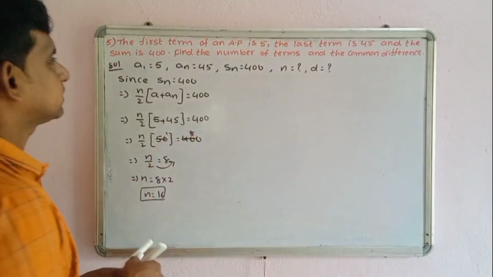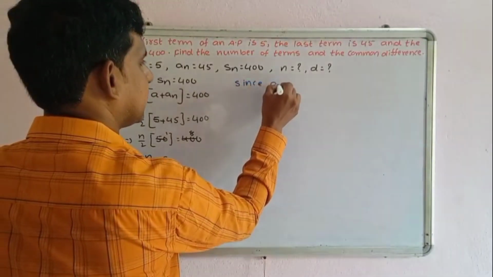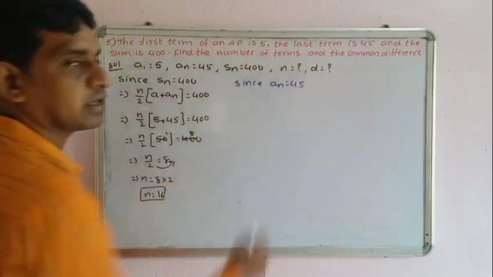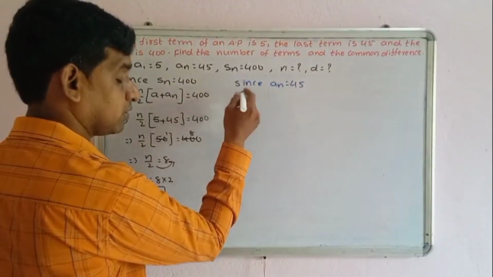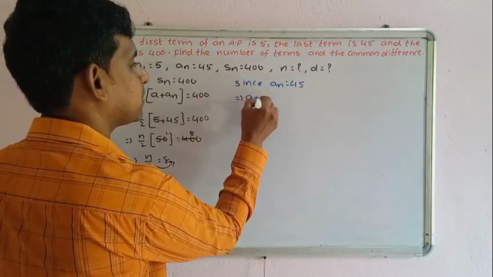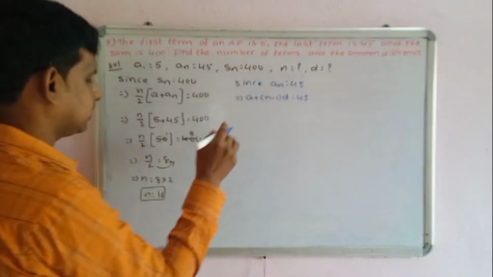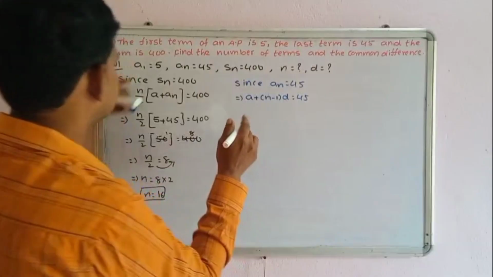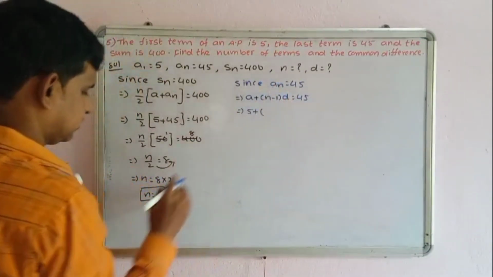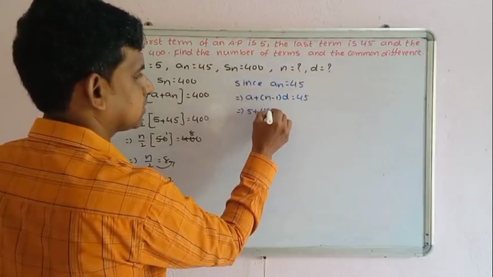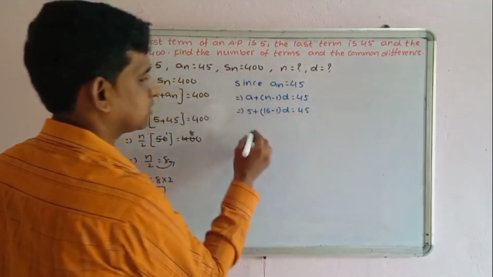Okay, see, since an equals 45. What is the formula of an? a plus (n minus 1) into d equals 45. Here a is 5. 5 plus n value is 16, minus 1, into d value. We don't know the value of d, find that one.